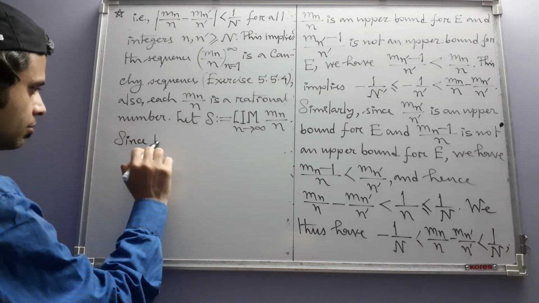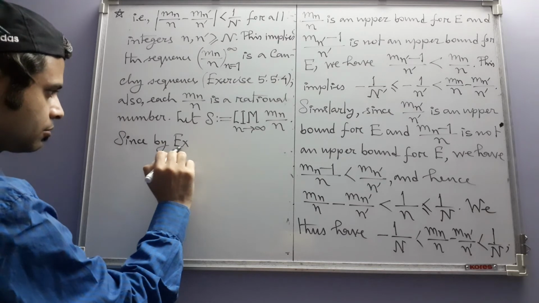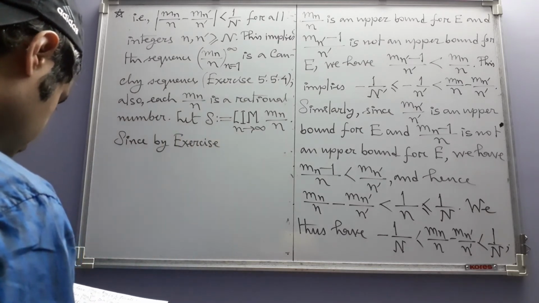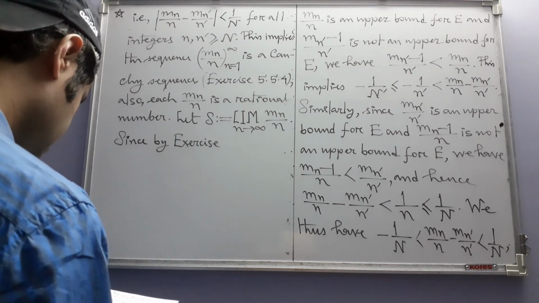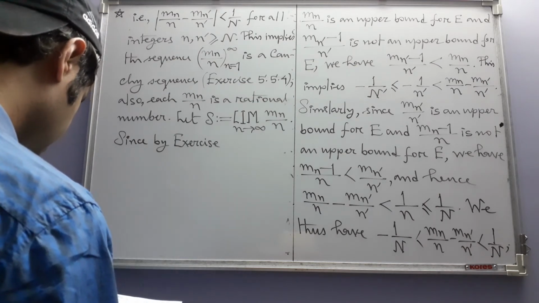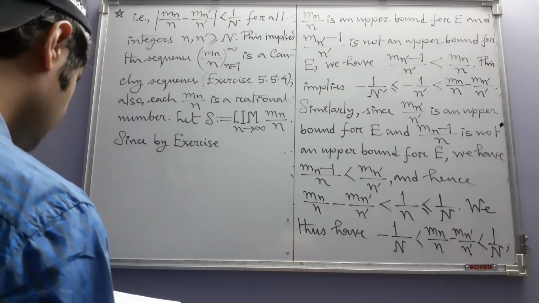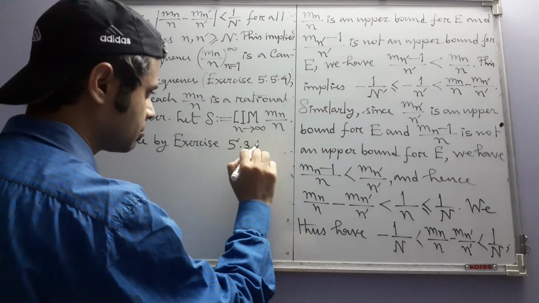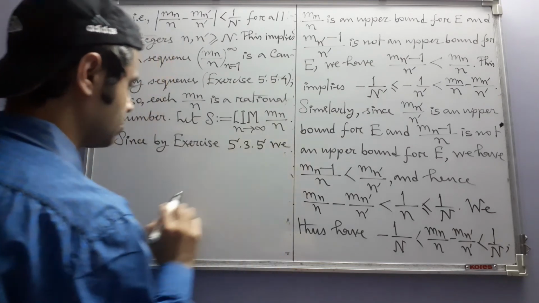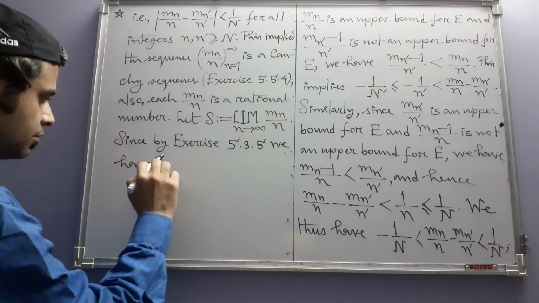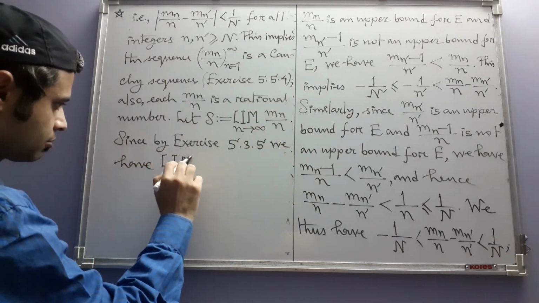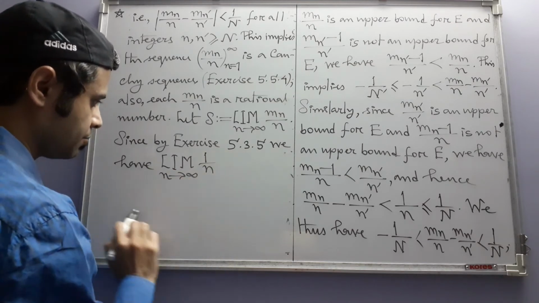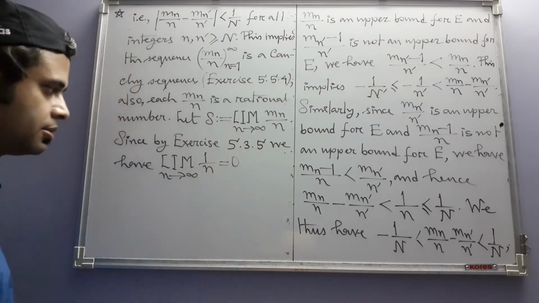Since by exercise 535, we have this. If you go back to this exercise, there you will see we have proved that this formal limit is equal to 0.